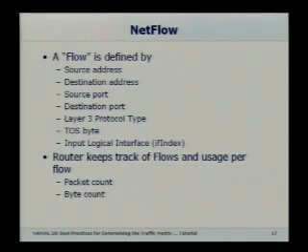First, again, the definition matters. A flow in NetFlow terminology is defined by all the IP packets that have a common source, a common destination, a source port, a destination port, protocol, type of service, and the input interface. So even traffic between two hosts on the network or on the internet may generate multiple flows.